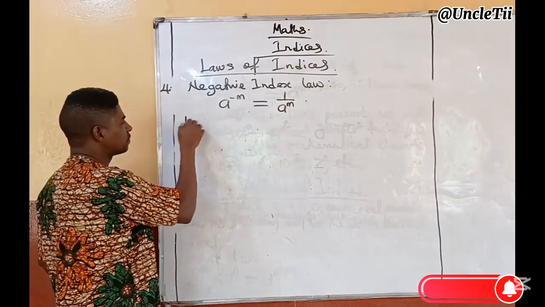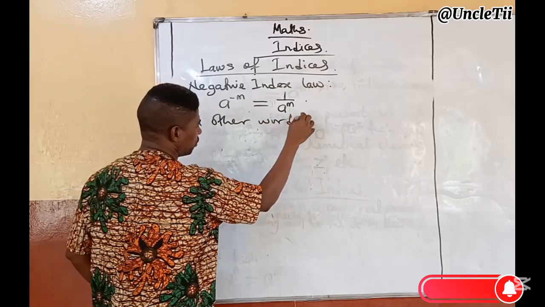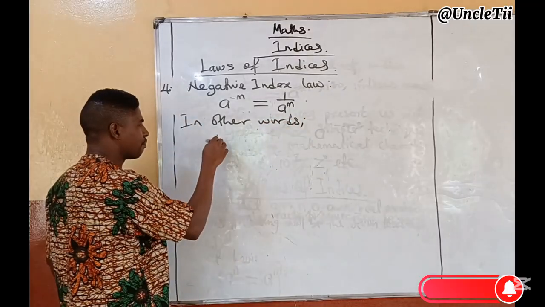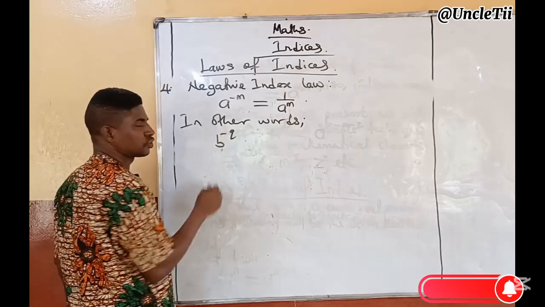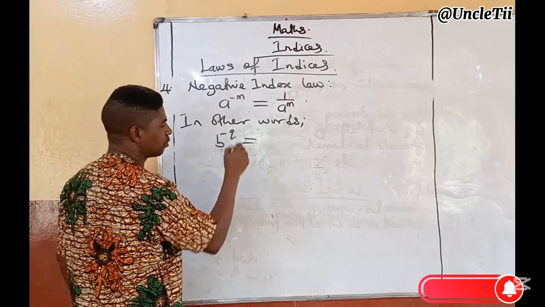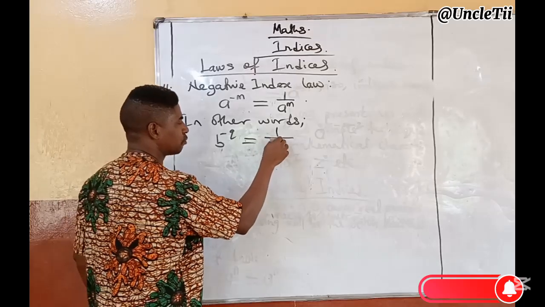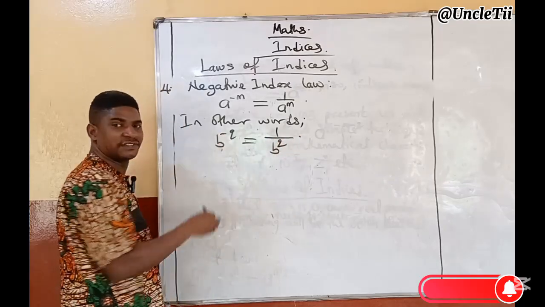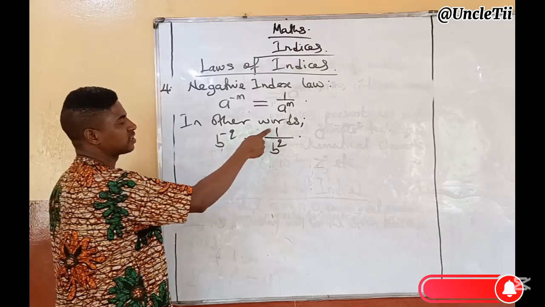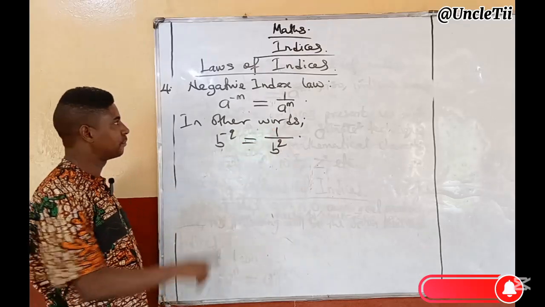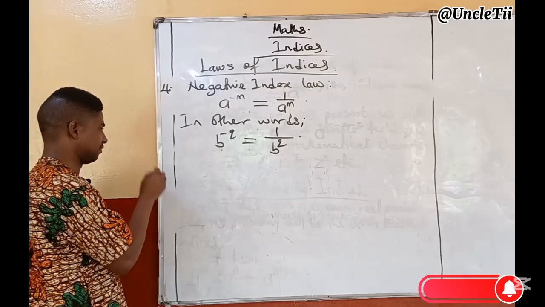In other words, b raised to power minus q, for example, will give us 1 over b raised to power q. The negativity in the index of a mathematical term or character always translates to reciprocal. That is what the negative index law, law number 4, is saying.